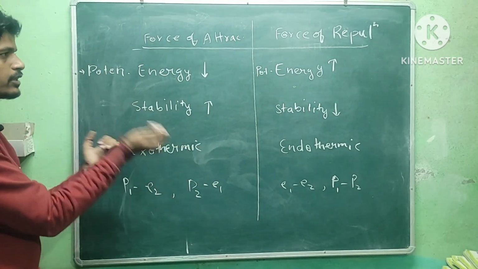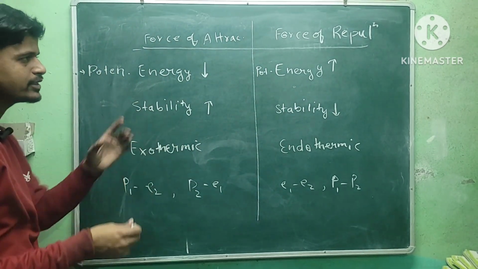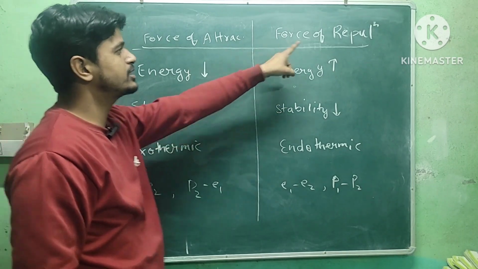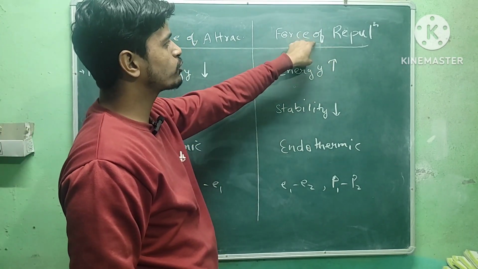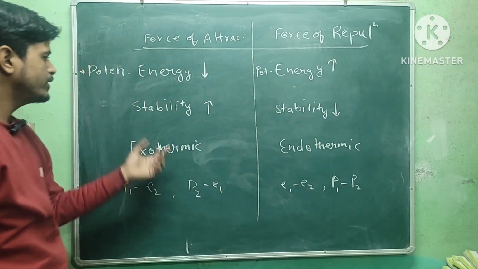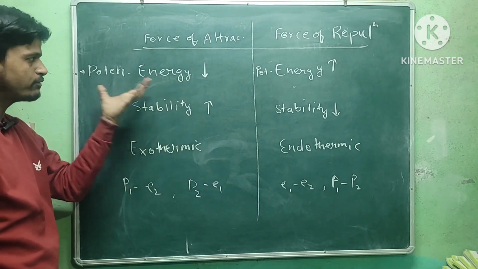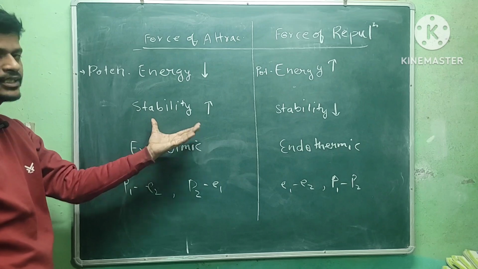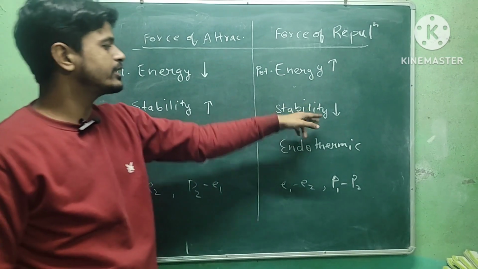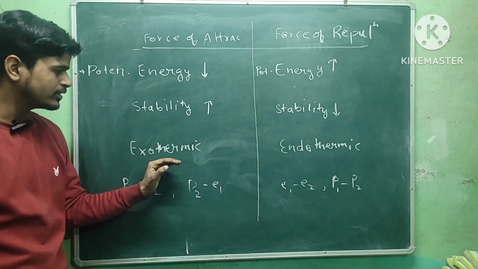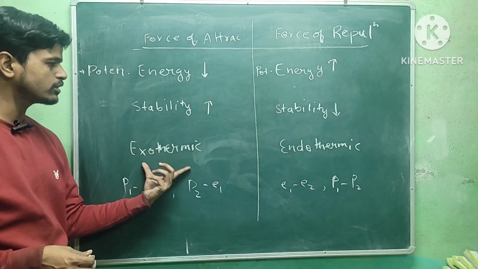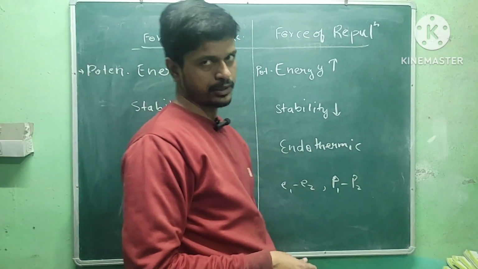You can rewind the video and see in the graph that potential energy starts increasing when the force of repulsion dominates, and with the force of attraction stability increases. When potential energy decreases, stability increases, and otherwise stability is decreasing. The process of attraction of two atoms is exothermic, but here it is endothermic.